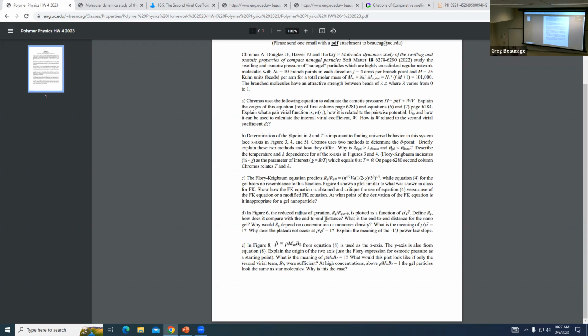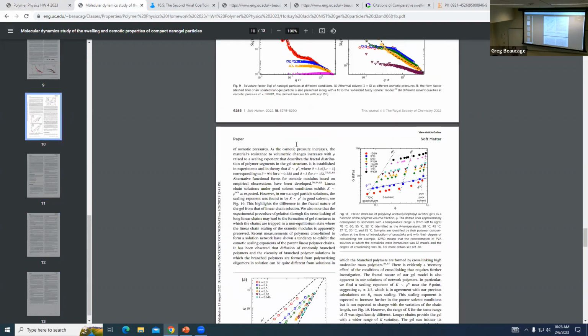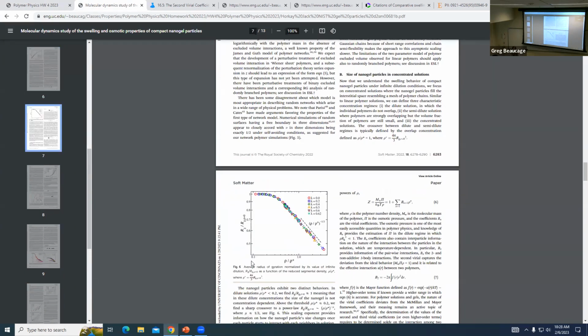That's in here somewhere. This plot shows that power -3 thing, I think. Figure 6. There's a lot in this: it's power -3 because you're squishing the actual 3D object. If this was a fractal object and they could interpenetrate, it wouldn't be -3. It is a fractal object, but they can't interpenetrate because it's branched too densely.